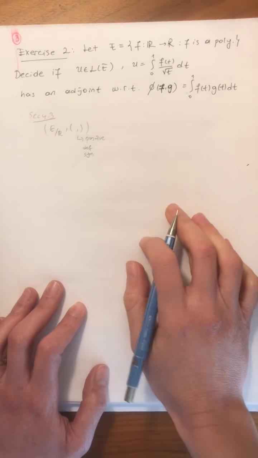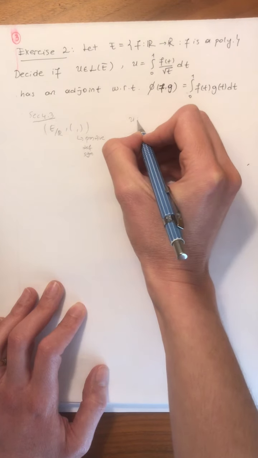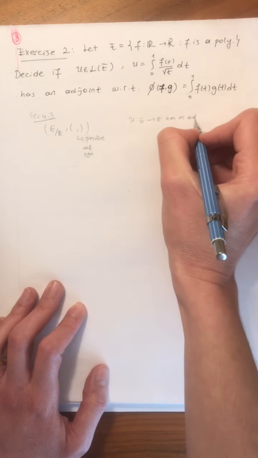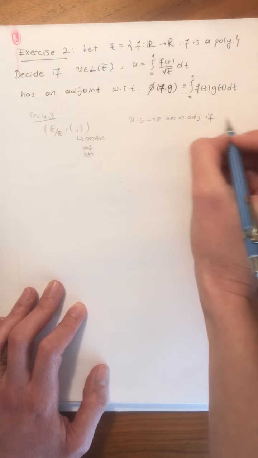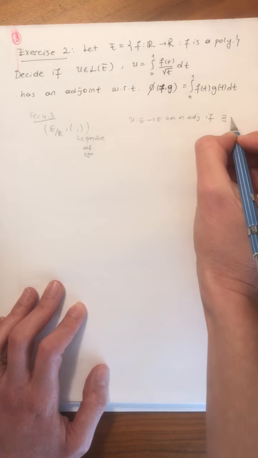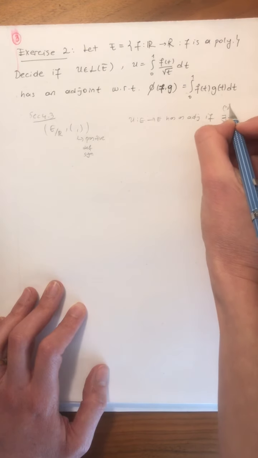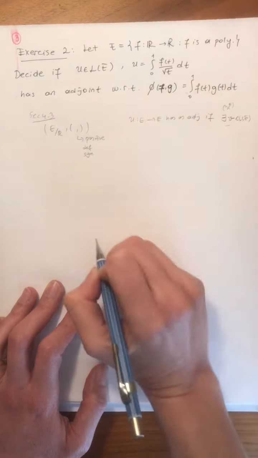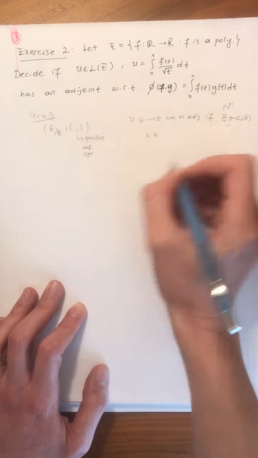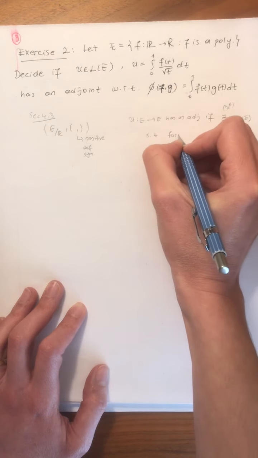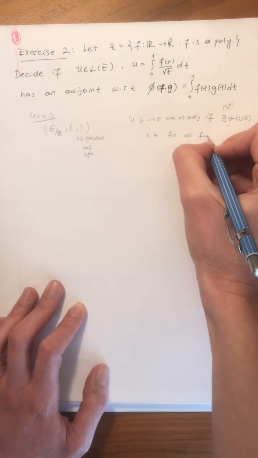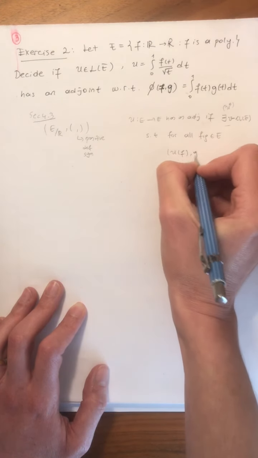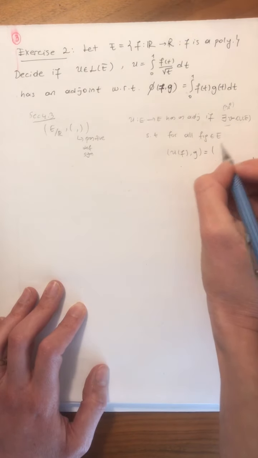form. And we say that an endomorphism U has an adjoint if there exists V. In the lecture note it is denoted by U star, but I will denote it by V, such that for all vectors in the vector space we have this equality with respect to the scalar product.